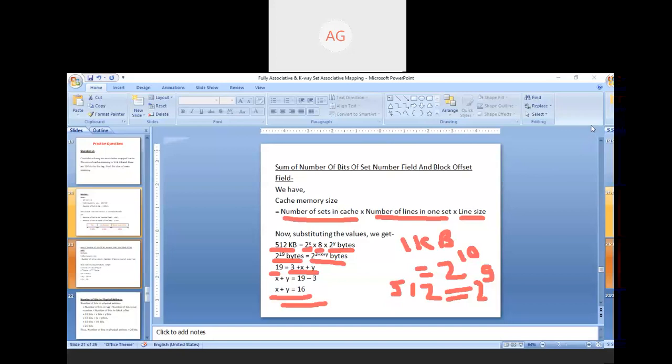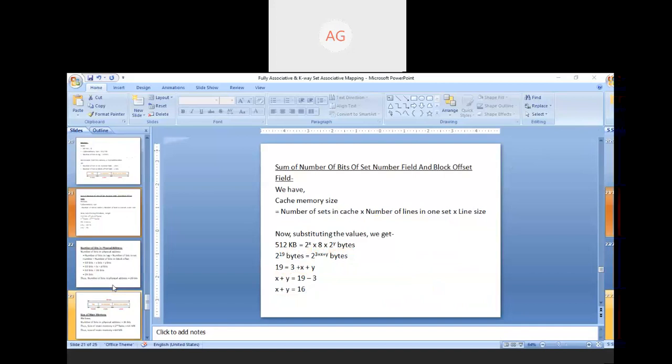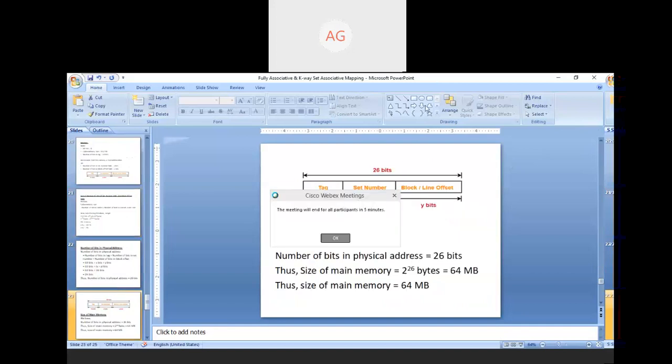Just remember that x plus y, that means the set number and the block offset, is going to be 16 bits. So moving to the next slide. Now only 5 minutes are remaining, so we are going to complete this.